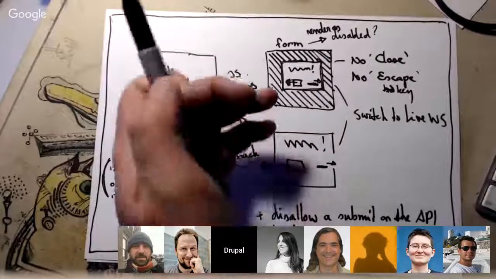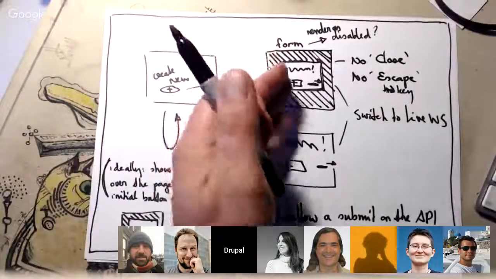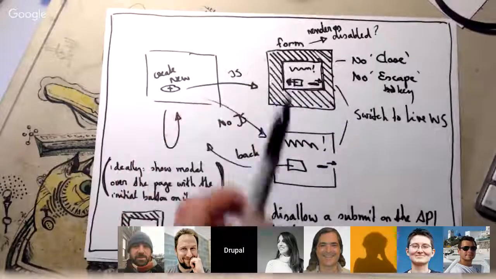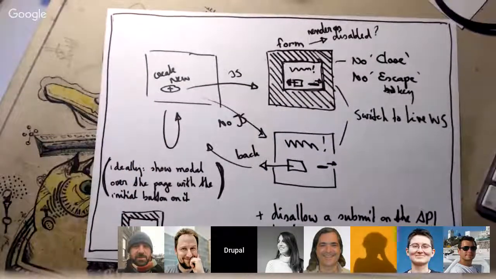We've established on a high level what the procedure has to be, right? We show a warning in a non-dismissible modal. You either go back or switch to the right workspace.